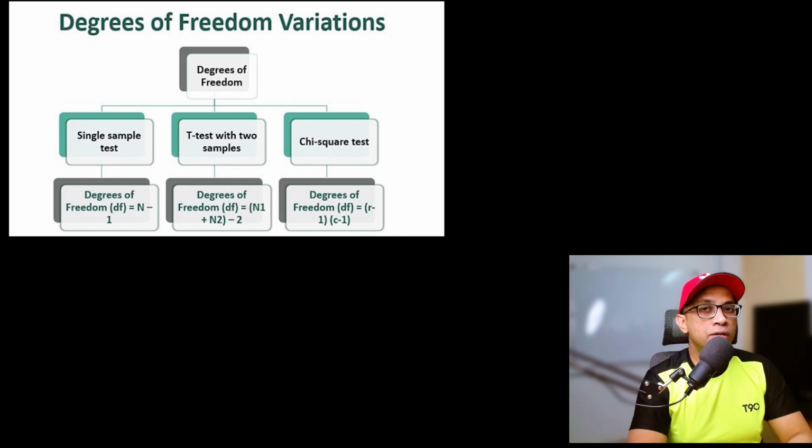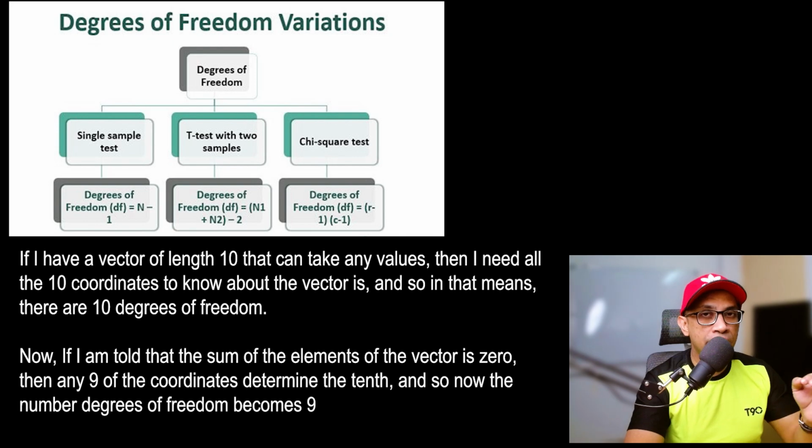Now, further on the understanding of degrees of freedom with the example of a vector, because in data science and machine learning, we all know about vectors very well. So if I have a vector of length 10 that can take any values, then I need all the 10 coordinates to know about the vector, and so that means in this case there are 10 degrees of freedom.